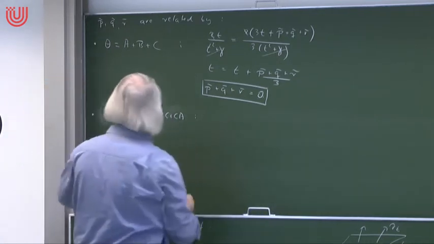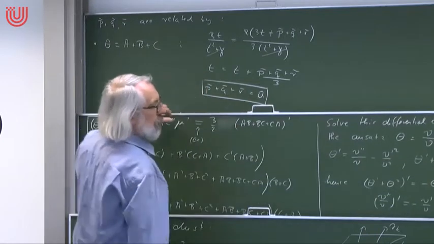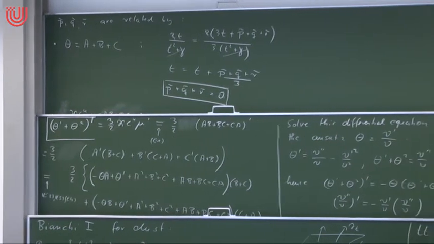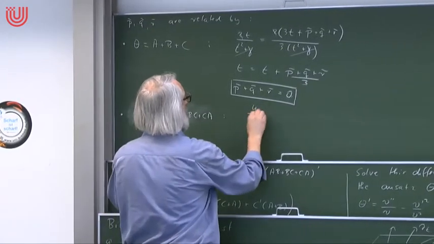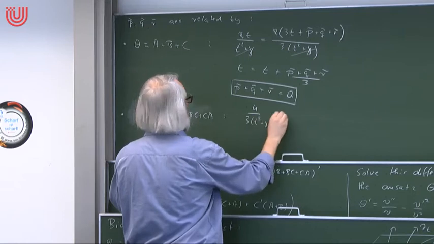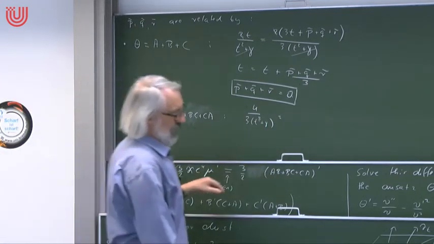So what is kappa c to the 4 mu? If I multiply with 2 over 3, I get 4 over 3 times t squared plus gamma, that's a square. And on the right-hand side, AB plus BC plus CA.